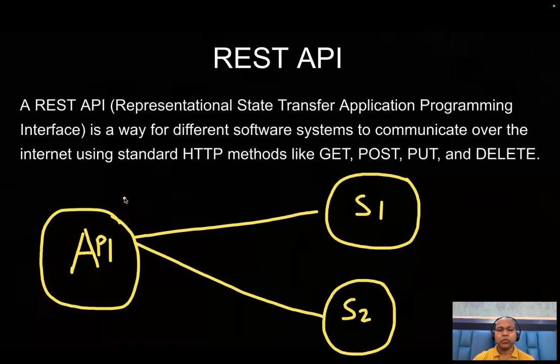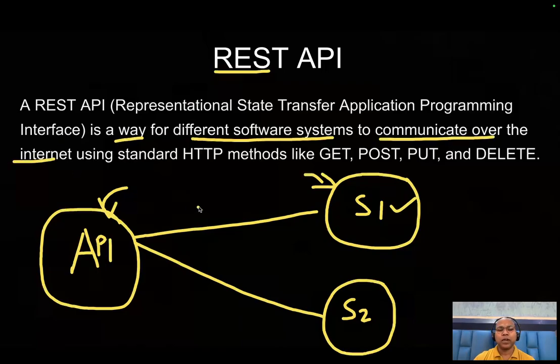So whenever two systems, system 1 and system 2, are involved, REST API is the way for different software systems to communicate over the internet. On the internet, one way these two systems communicate is the HTTP protocol. So generally REST API works on the HTTP protocol. These services can communicate over the HTTP protocol.